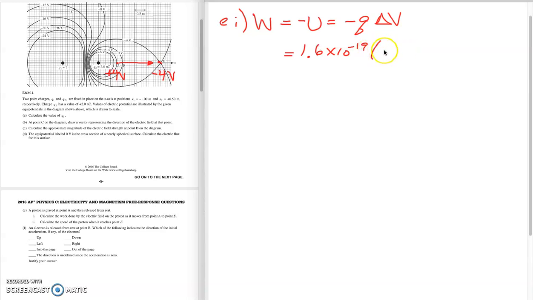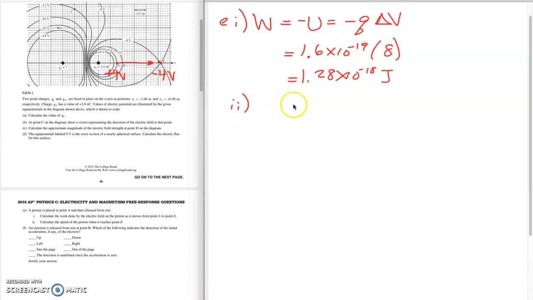And the change in voltage is going to be 8 volts because we're going from plus 4 to minus 4. The fact that it's going downhill means this is a minus 8, but we have a minus here also, and those two minuses cancel each other out. When you plug those numbers into your calculator, you get 1.28 times 10 to the minus 18th joules.